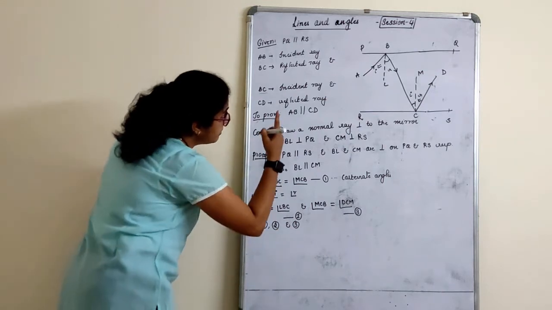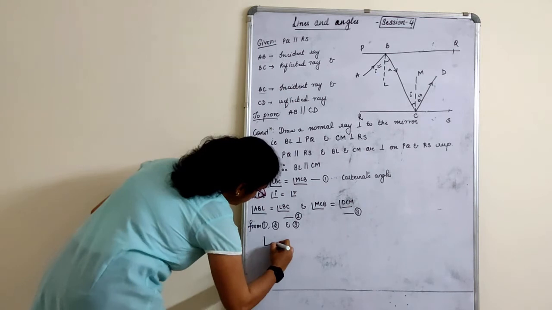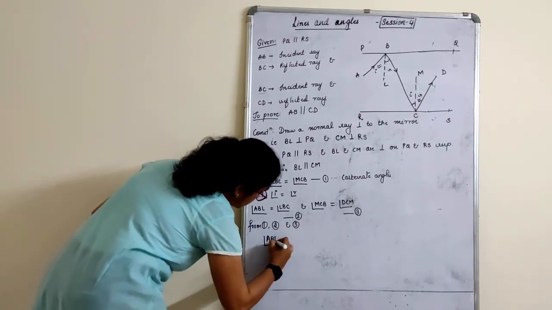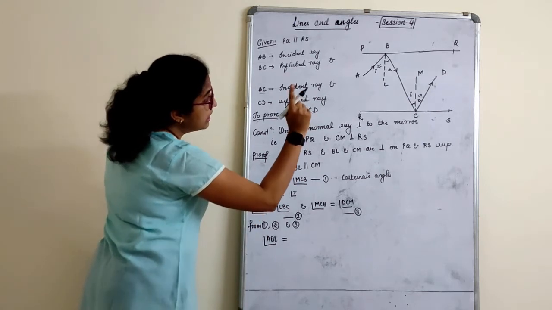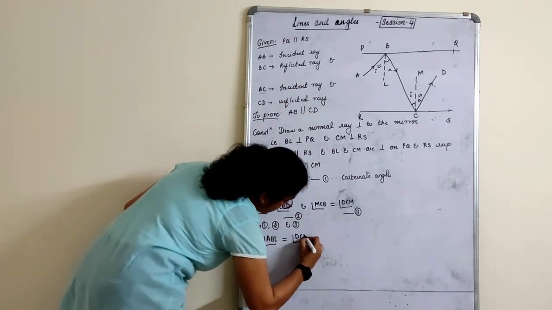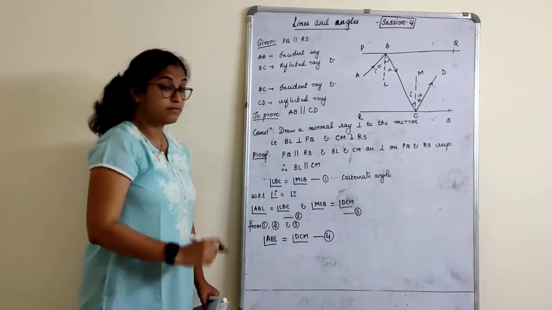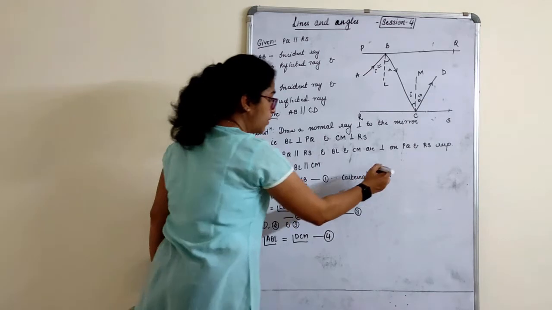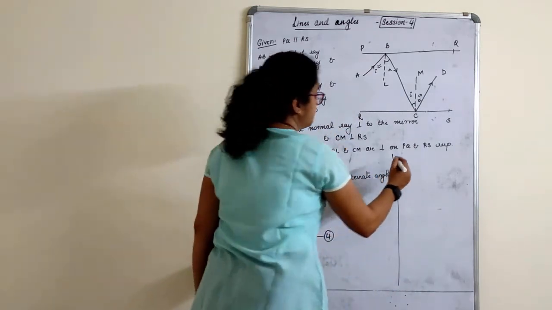From equations 1, 2 and 3, angle ABL is equal to angle DCM. That is equation 4. Right? Last, now I'll write here: add equations 1 and 4.